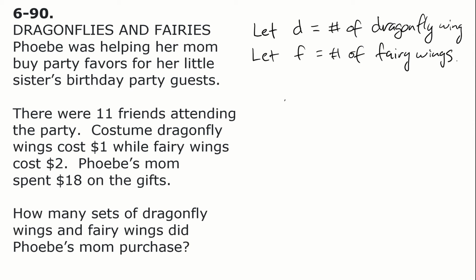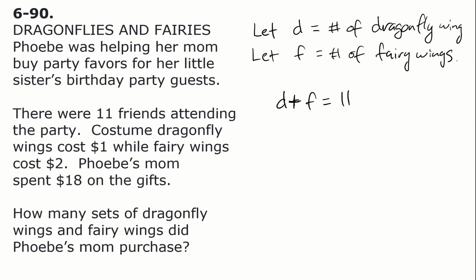So if I add the dragonfly plus the fairy wings, I would get 11 items for the 11 friends. This is just the count equation: some number of dragonfly wings plus some number of fairy wings equals 11 sets.